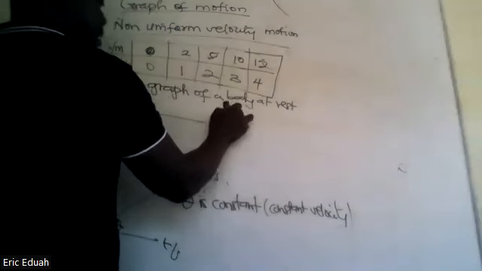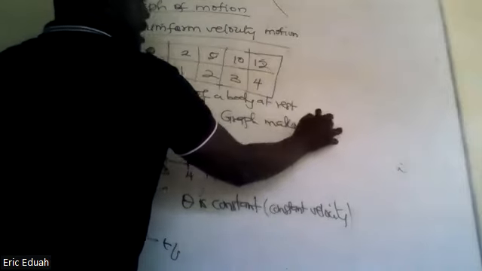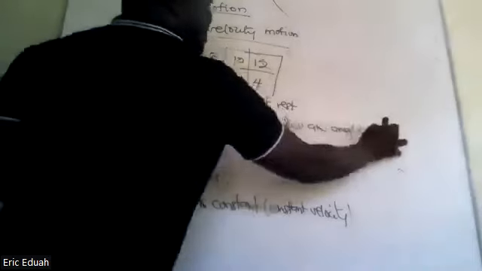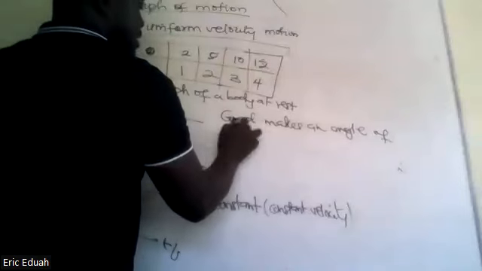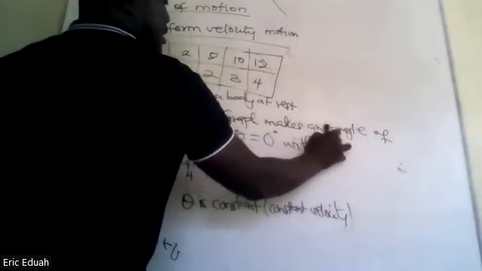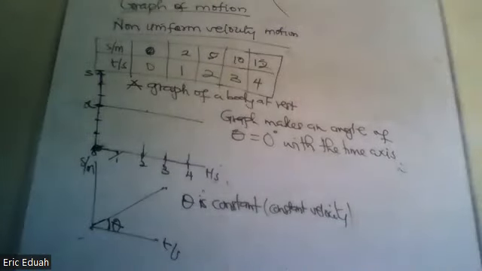If the graph makes an angle of 0 degrees, theta equals 0 degrees with the time axis, then the velocity is 0. The body is stationary. Then v is 0.